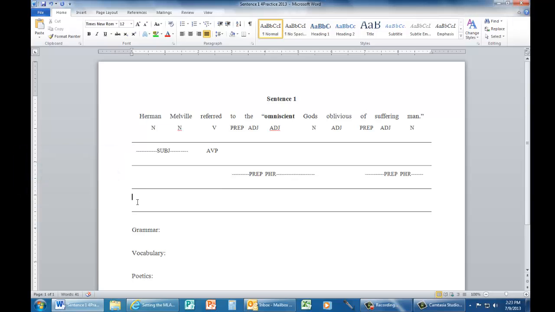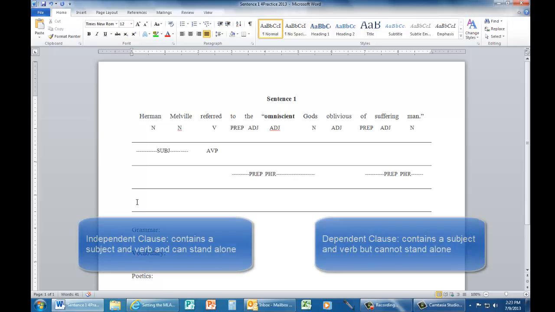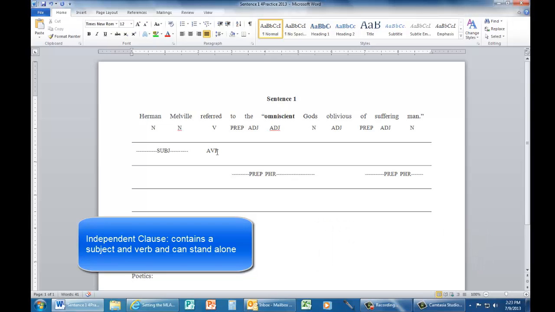The last line will be used to identify clauses. Specifically, we need to look for subject and verb pairings and whether or not those subject and verb pairings can stand alone. In this case, we have one subject and one action verb predicate, so therefore we have only one subject, one verb, one clause.